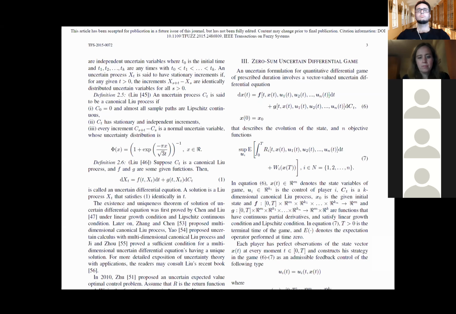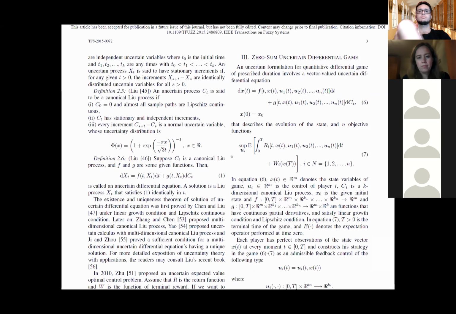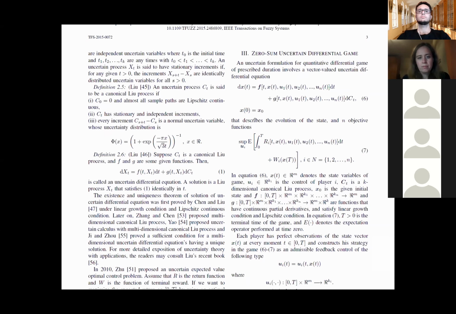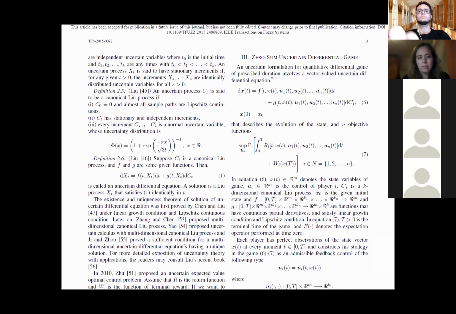Uncertain differential game is the model I will introduce. This paper is about a zero-sum uncertain differential game. This is the model.